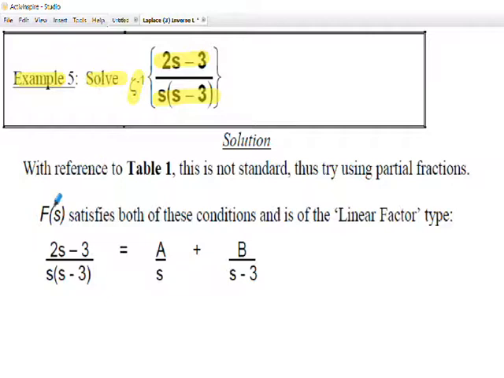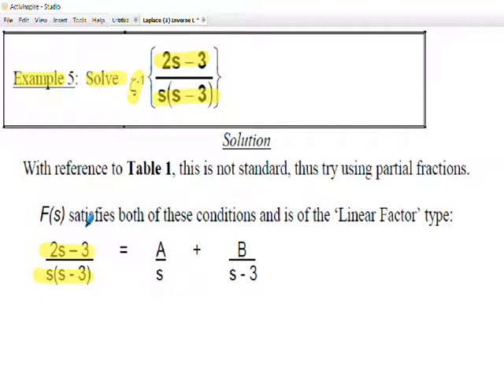So the first thing we need to do is be aware of the checks. The first thing, is the numerator lower order than the denominator? Well, yes it is, because the numerator has an s to the power of 1 effectively, and the denominator has an s squared. If you expand the bracket you get s squared minus 3s, so that's satisfied, and it's already factorized for us in the denominator. We've got the s minus 3 already in brackets.